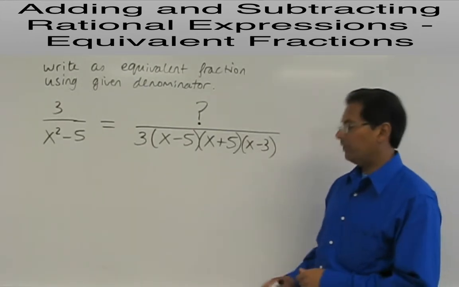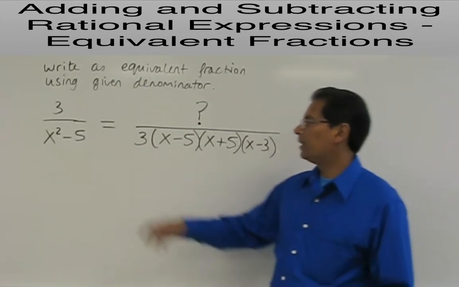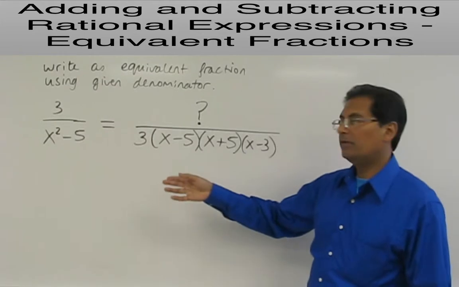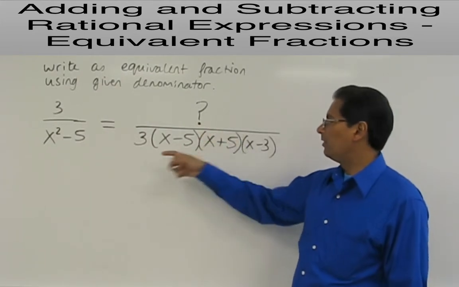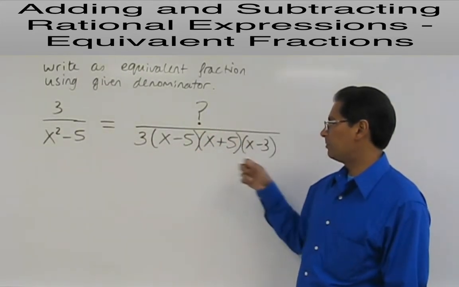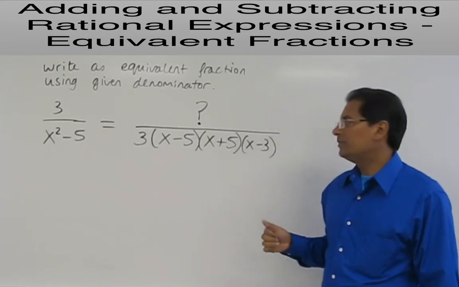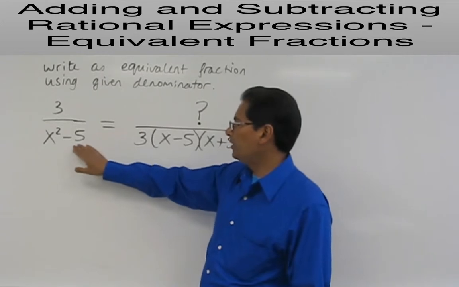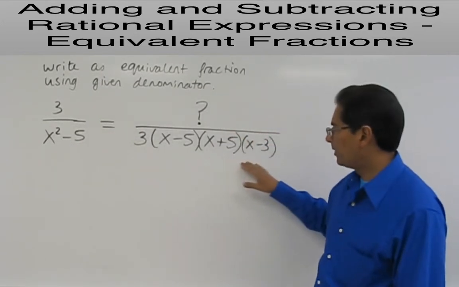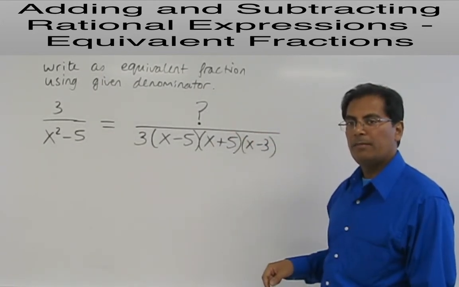Okay, here we have an expression, 3 over x squared minus 5, and we want to write it as an equivalent fraction, something over 3 times x minus 5 times x plus 5 times x minus 3. So again, we have to see how many times this denominator will go into this denominator, and that will be what we multiply by.